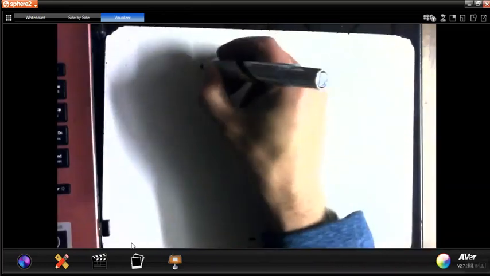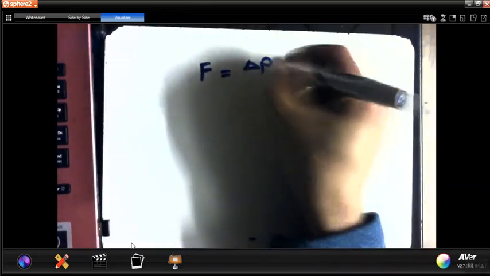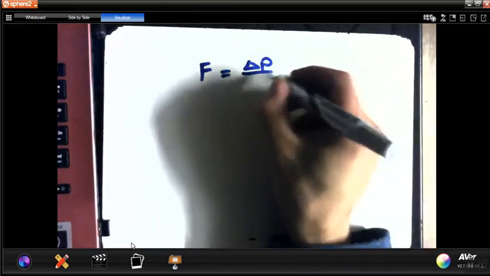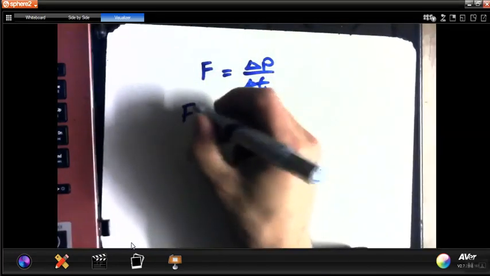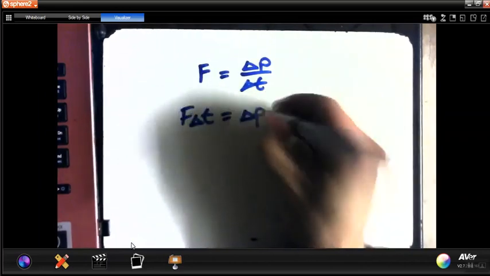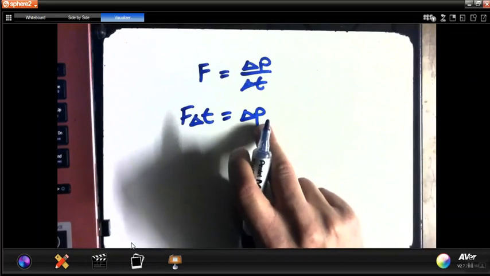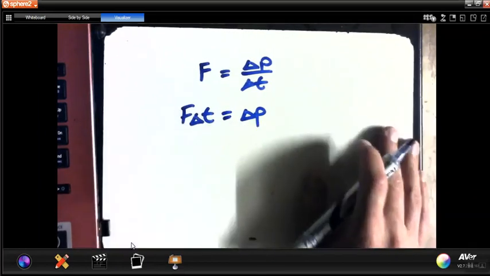So what does this formula do? It helps us to calculate the force if we have the change in velocity, the mass, and the time. It helps us to calculate the impulse if we have the change of momentum. If I've got the mass and the final and initial velocity, I can calculate the impulse.